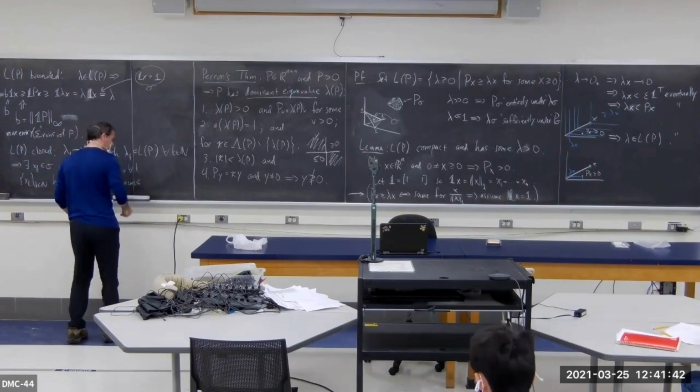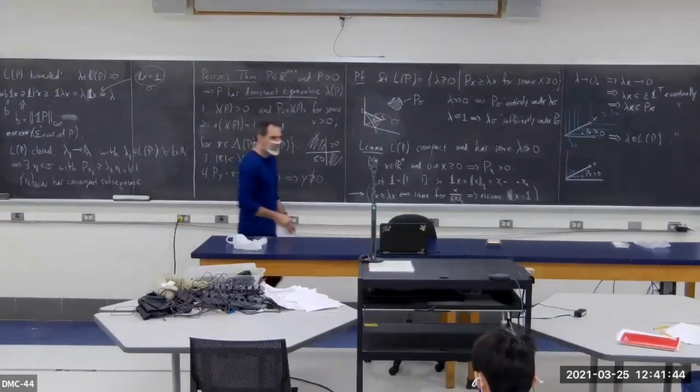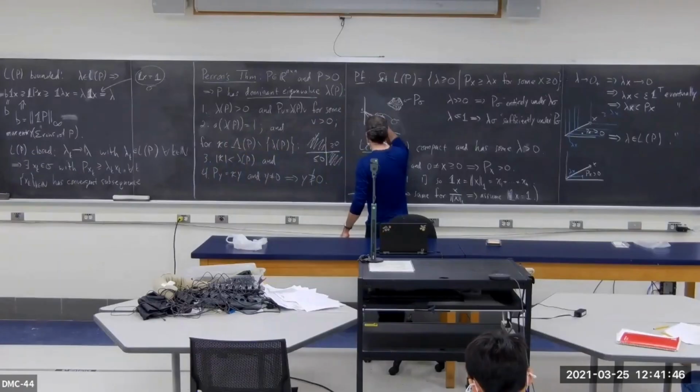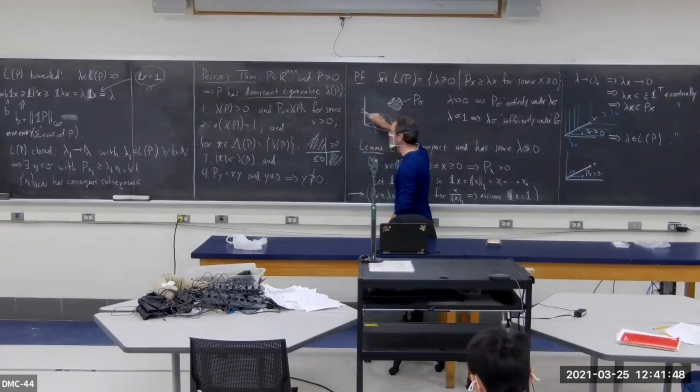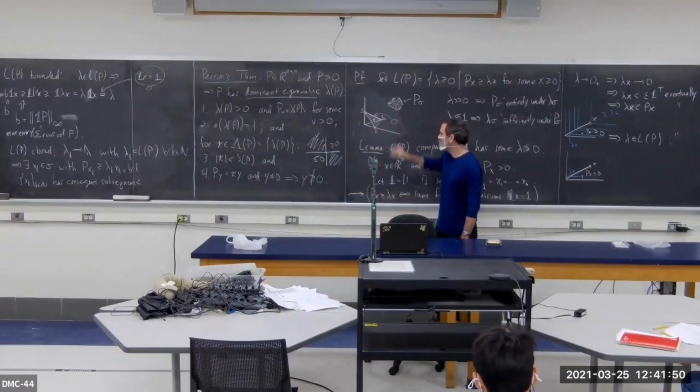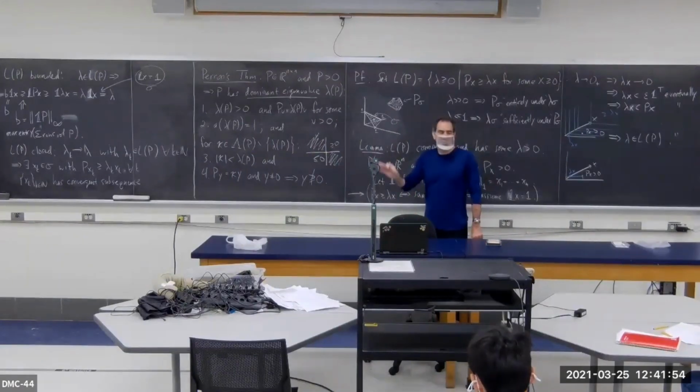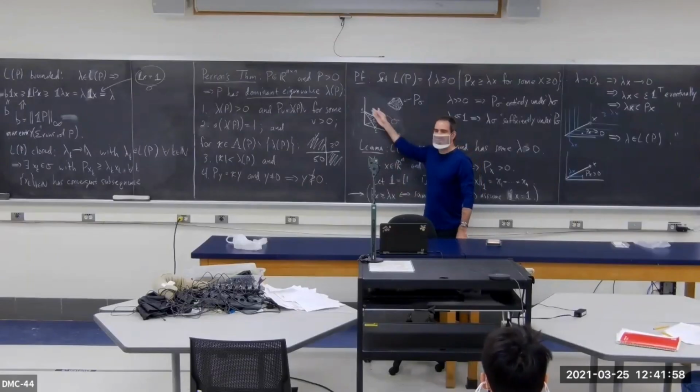Why does it have a convergent subsequence? So now we're looking at a bunch of x's that sit in here. They can jump around. The lambdas converge, but we have no hypotheses on the x's. But the x's are jumping around this sigma.